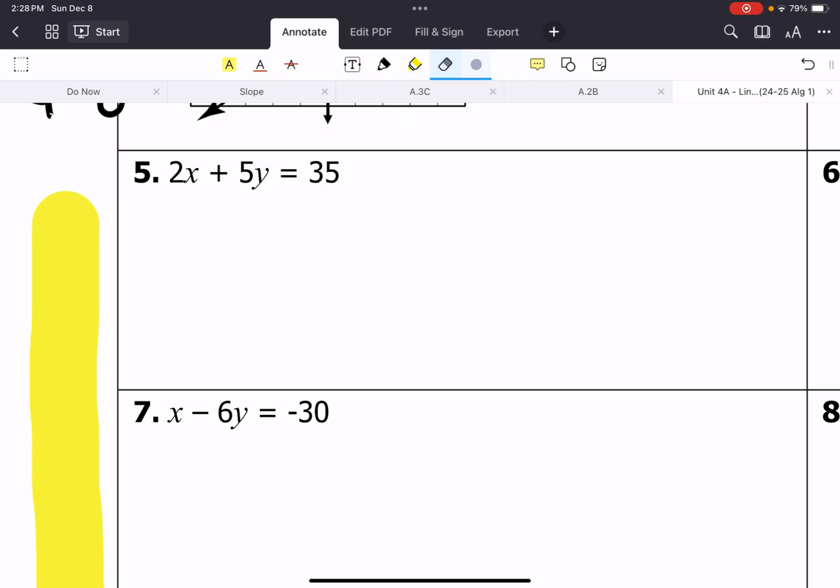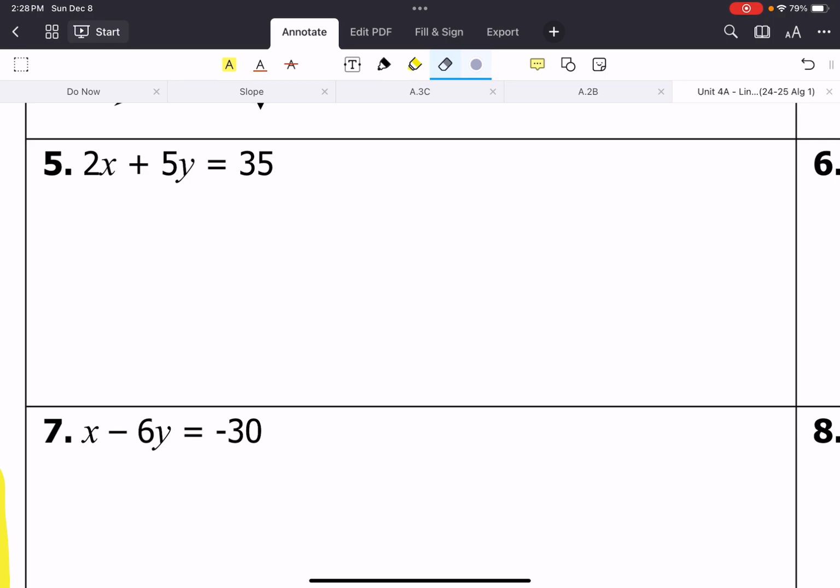Okay, for number 5. Notice this time around, you have your equation in standard form, which is your ax plus by equals c. For slope-intercept form, remember again that your goal is to get y by itself.